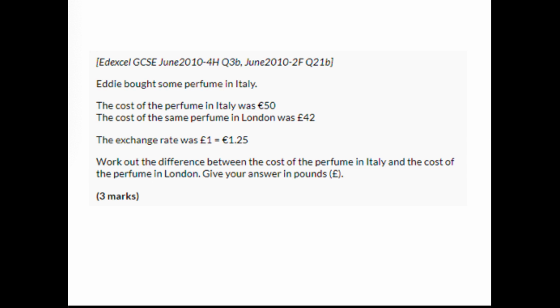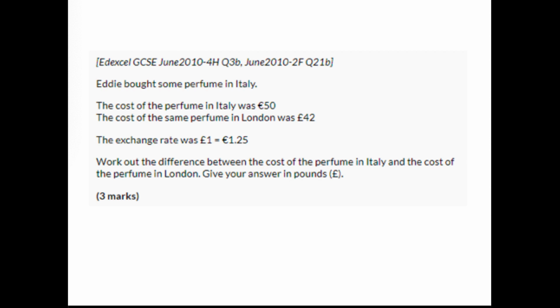So, Eddie bought some perfume in Italy. The perfume in Italy was 50 euros. The same perfume in London was £42. Sorry, I've said dollars there, that should be euros. The exchange rate was £1 is equal to 1.25 euros.